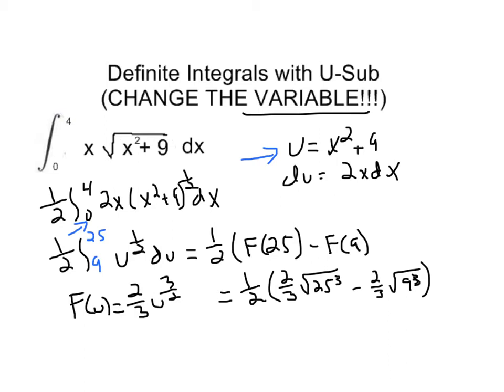I could simplify that pretty easily. That's 1/3 times 125 minus 1/3 times 27. So I get 98/3.